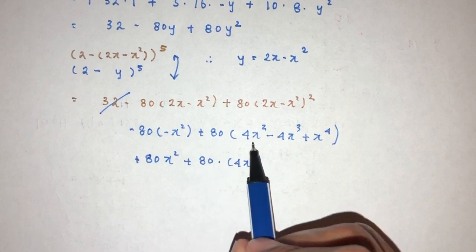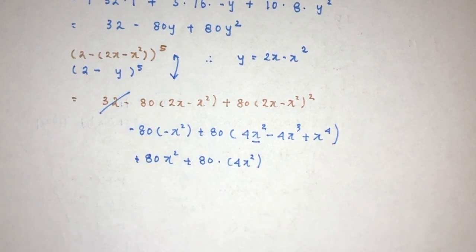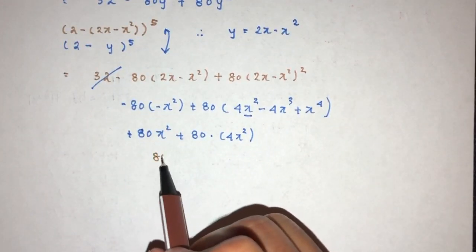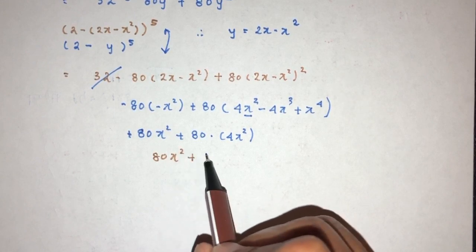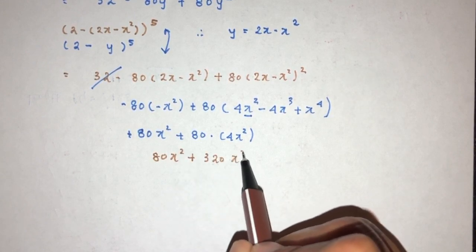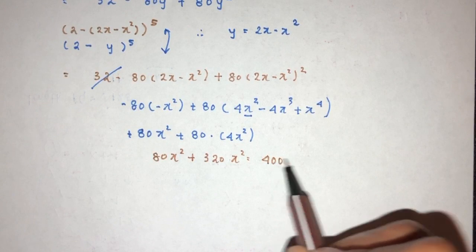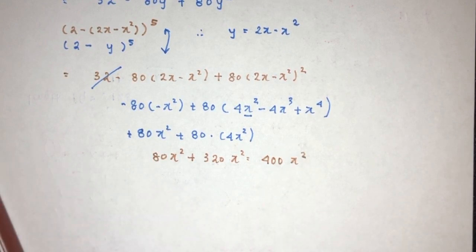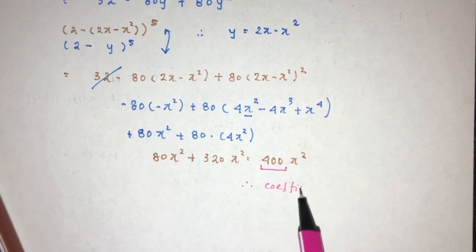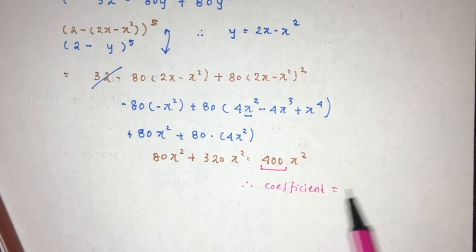Now we can simplify. You will have 80x squared plus 320x squared is 400x squared. So the coefficient of x squared is this one. That will be your answer: coefficient is equal to 400.